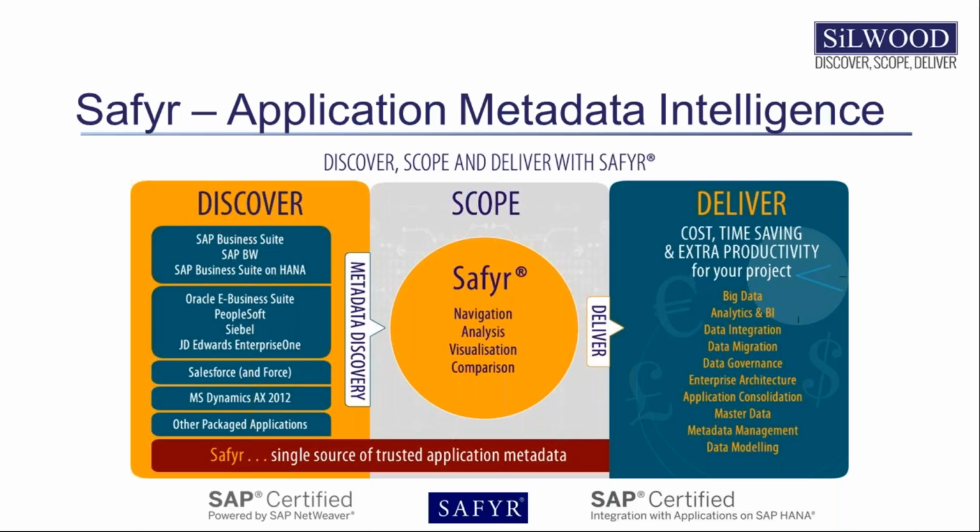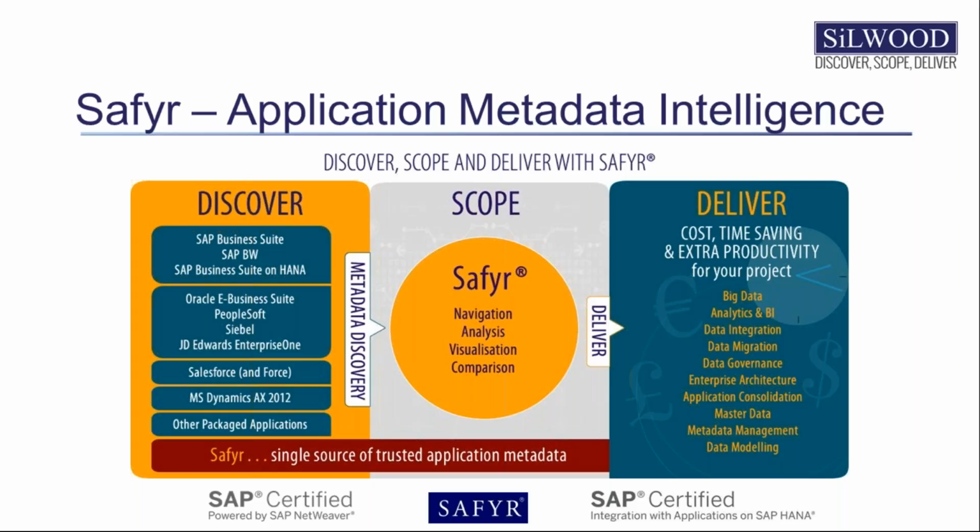And the whole premise of Sapphire is that it delivers cost and time savings and additional productivity, as well as additional accuracy, over traditional methods of trying to find metadata in big packages. It's used in big data, data integration and data migration projects.